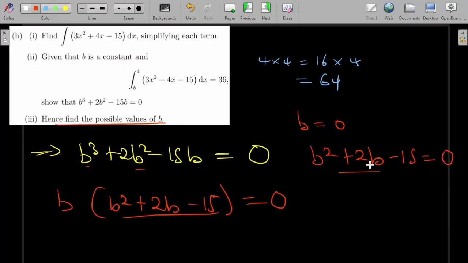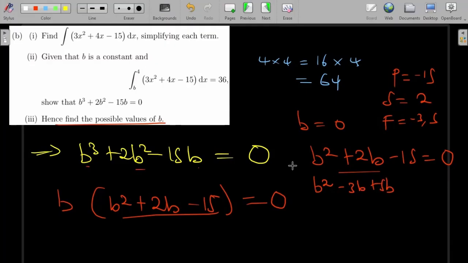This is just a quadratic in terms of b. The product will be 1 multiplied by minus 15, and the sum will be 2. What will be the factors? We're going to use minus 3 and positive 5. So this will be b squared minus 3b plus 5b.